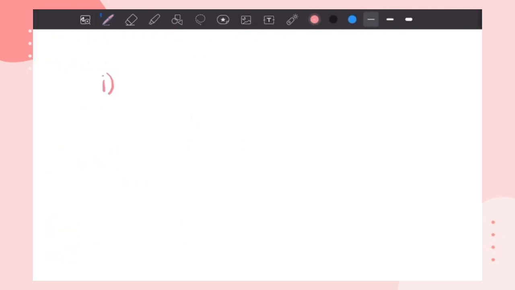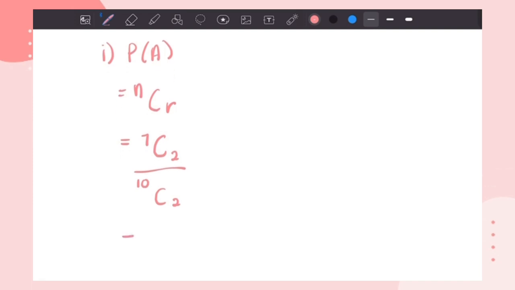For the first Roman question, finding the probability for A, using the nCr formula, we divide 7C2 by 10C2, where 7C2 is the sum of blue long books and white long books, and 10C2 is the total number of books. We will get 7/15 for the answer.